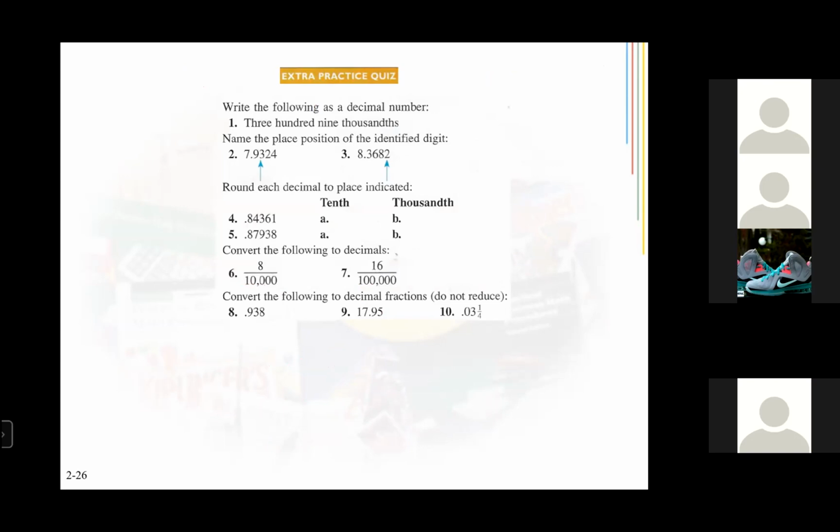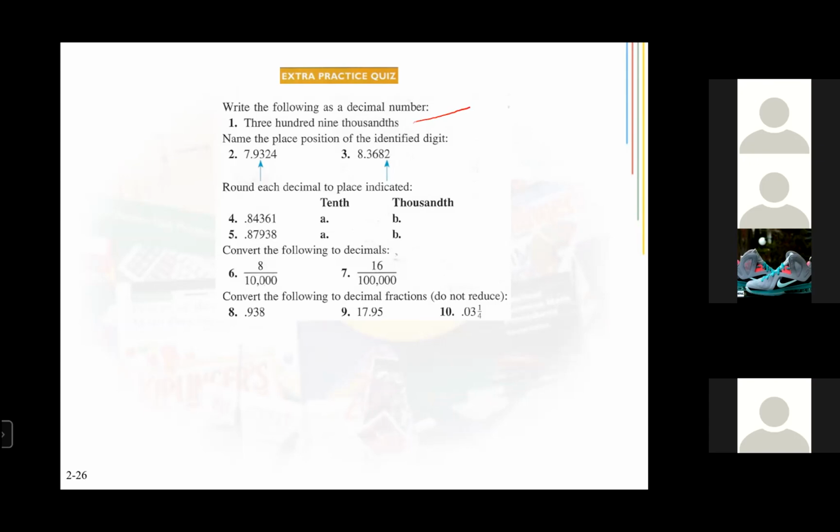The first one says, write the following as a decimal number, 309 thousandths. What does the thousandth mean?